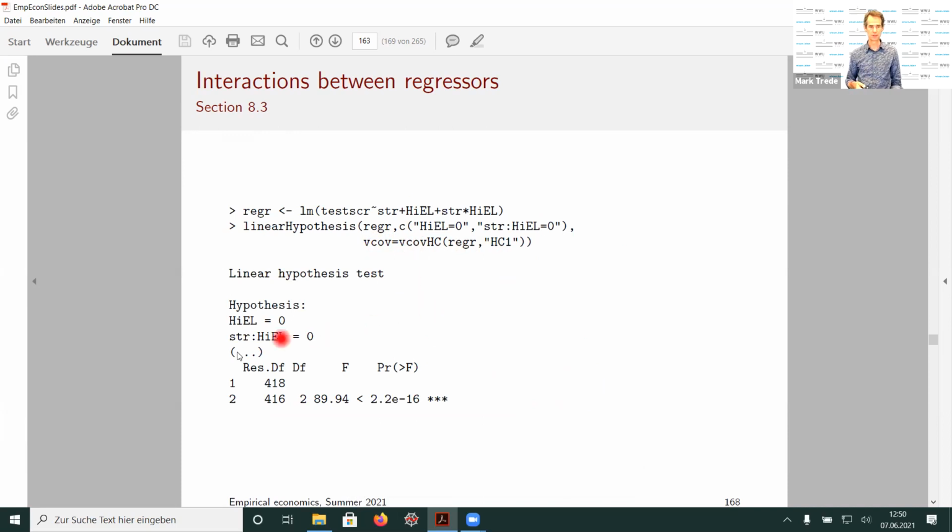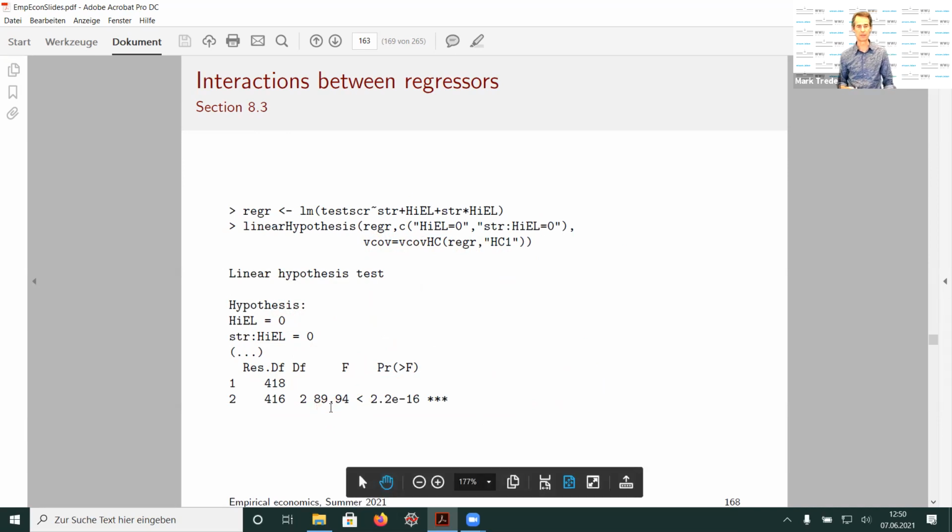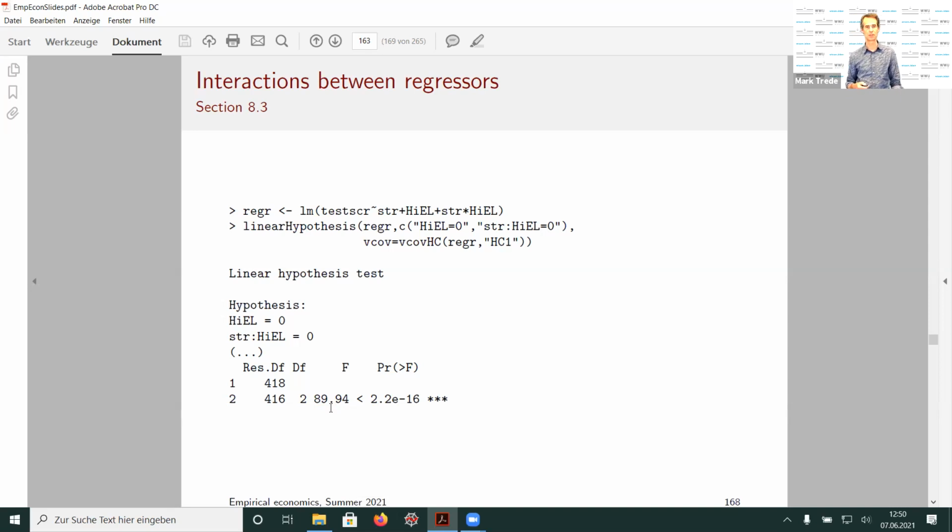All right, so this is an abbreviation of the outcome of the command. We get an F statistic, which is almost 90. Remember, the F statistic can be used to tell whether the joint hypothesis should be rejected or not. And in this case, the p-value is almost 0.